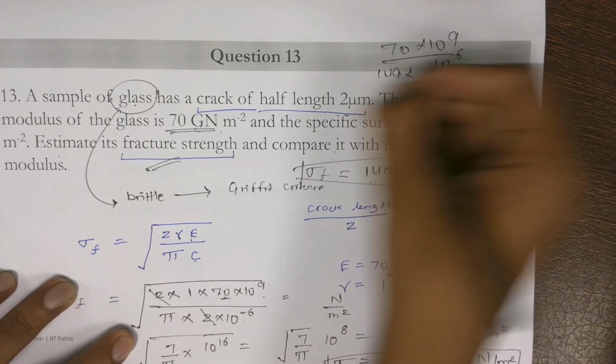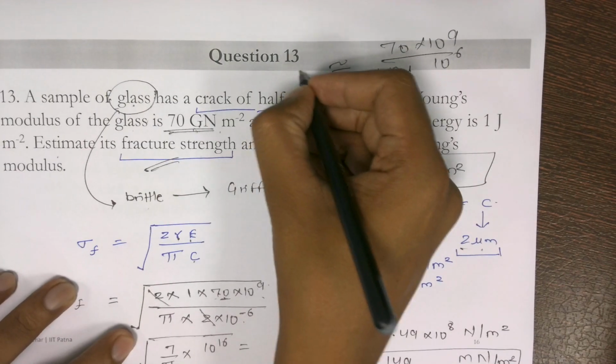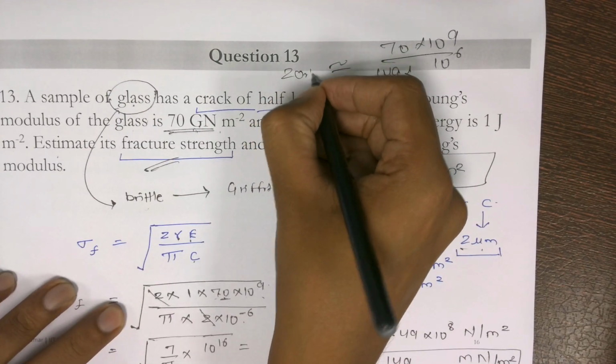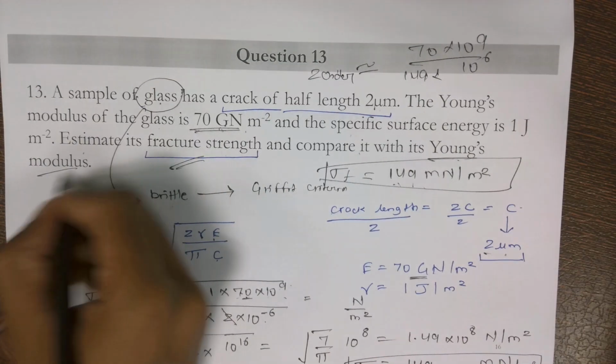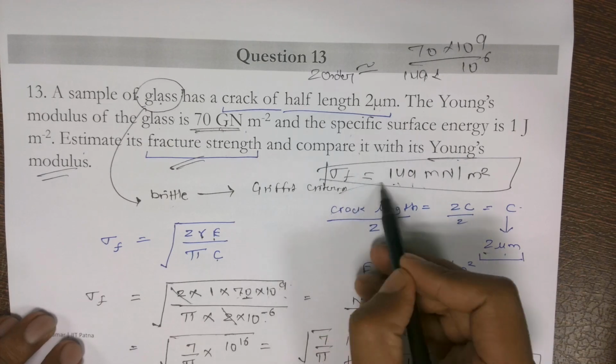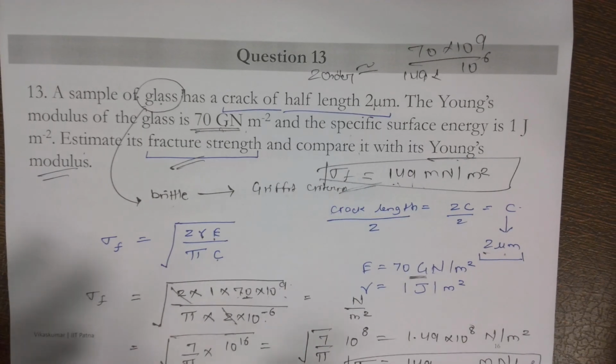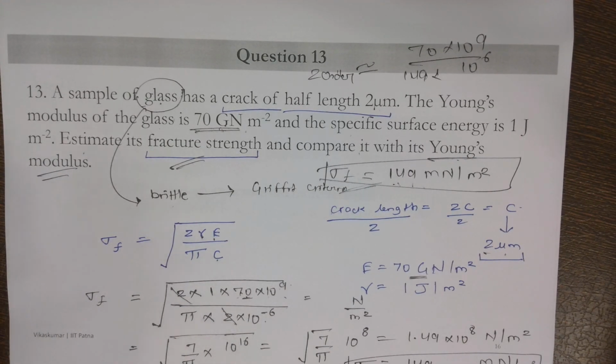Approximately, if you divide roughly, it is 2 orders higher. The Young modulus of the material is 2 orders of magnitude higher than the stress required for the fracture to happen. So these are some rough values which we should remember, like to what extent the fracture strength is lower than the modulus of the material.